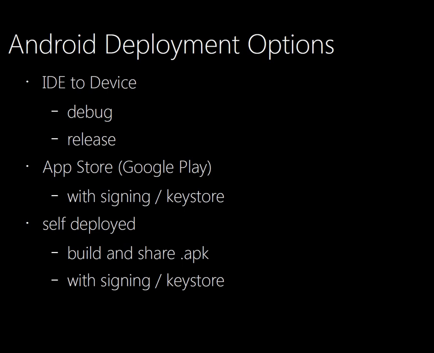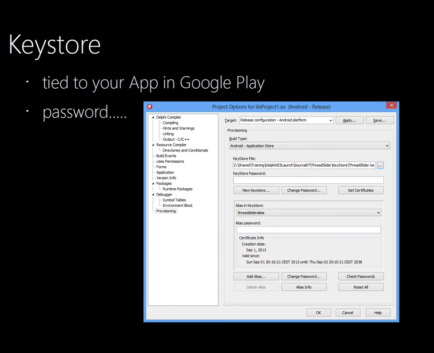Another option is to self-deploy it. Just build and share your APK, whether it's signed or unsigned. Place it on a website, for instance, and instruct your Android user to use Chrome to navigate to the APK, and you'll just be able to install it from there.